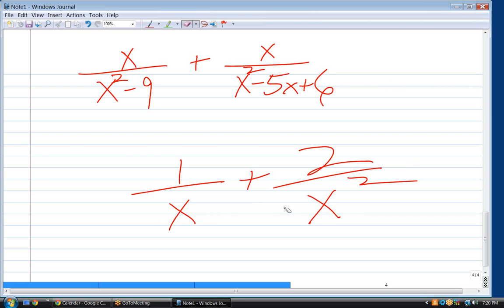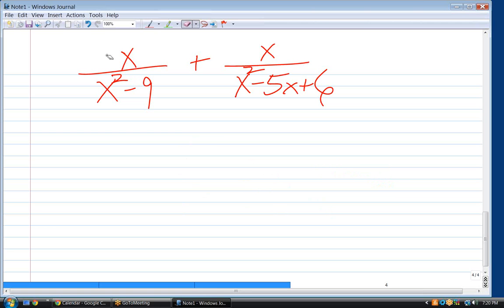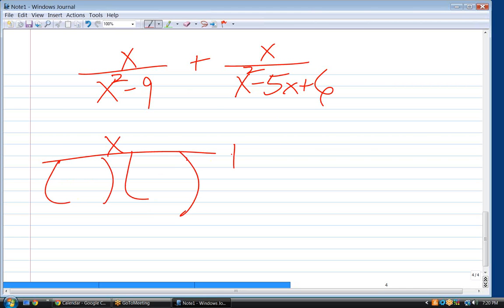I don't have to go to x cubed to come up with it. Okay? So, that being the case, let's factor each of these and see if we can come up with a common denominator that is not just the product of x squared minus 9 times that, because that's going to be very cumbersome. That would be a quartic.